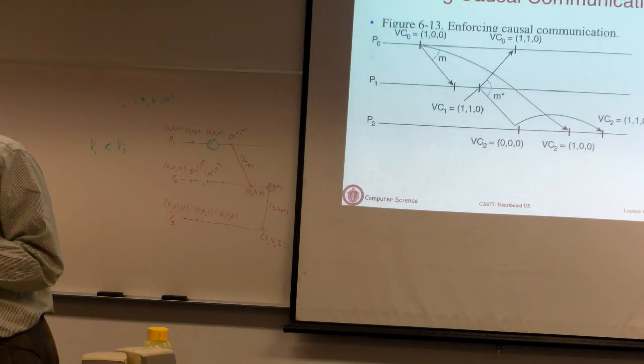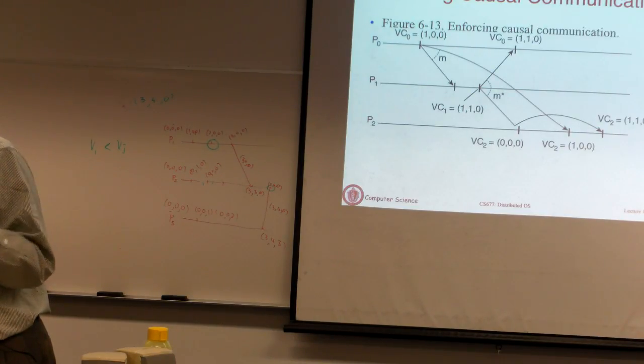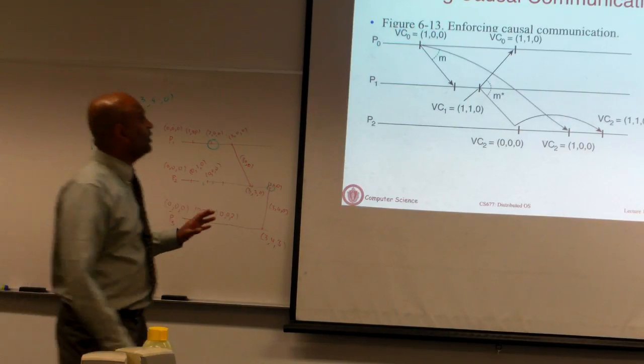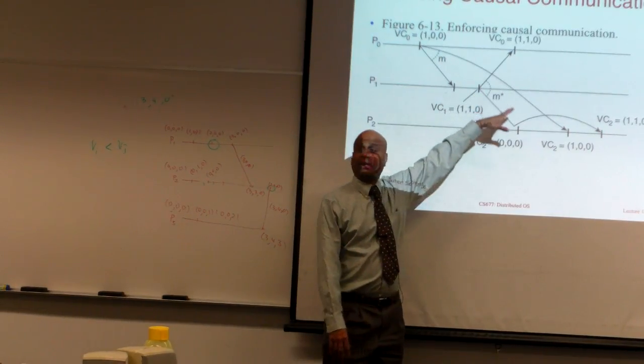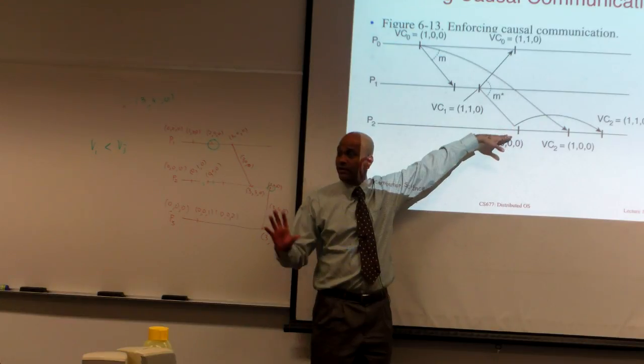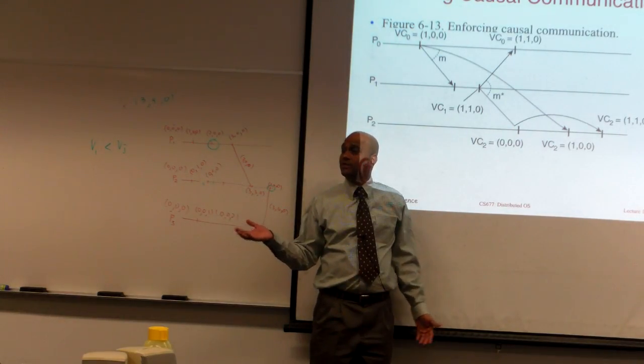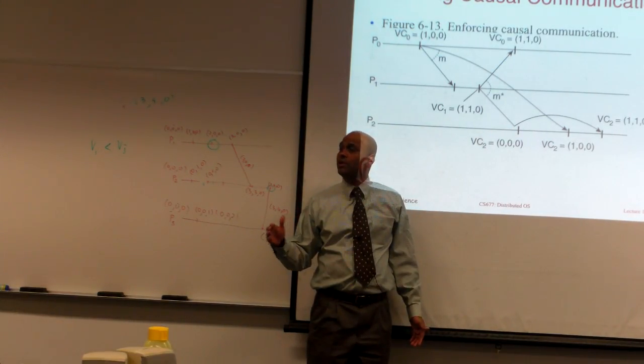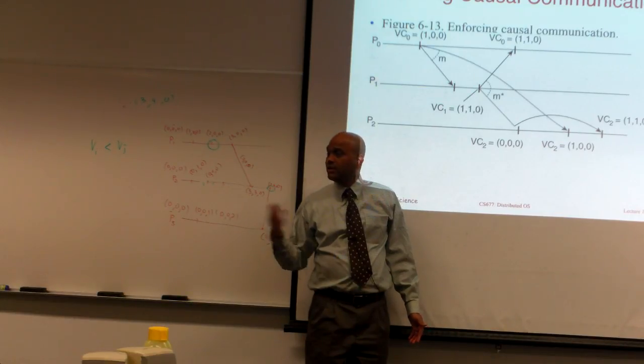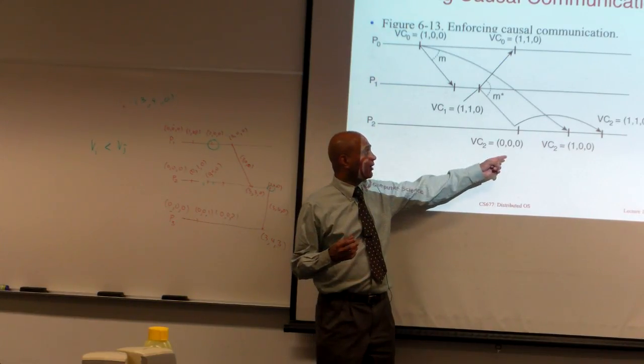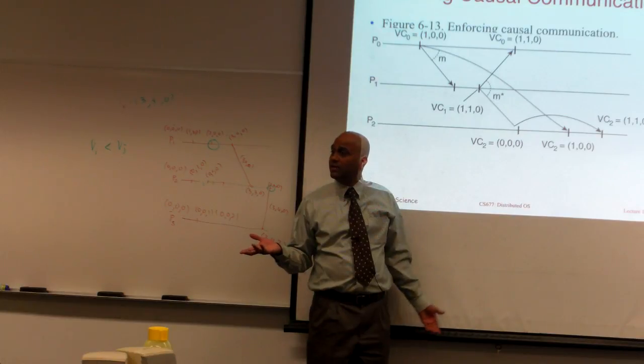So in this case, the only events that are of interest are sending and receiving. We don't care about local events at all. So the clock values are only going to get incremented whenever there's a send event or a receive event. Okay, as I said, you basically decide what events are of interest and only then will you tick your local clock. In this case, the only events that are of interest are sending and receiving.